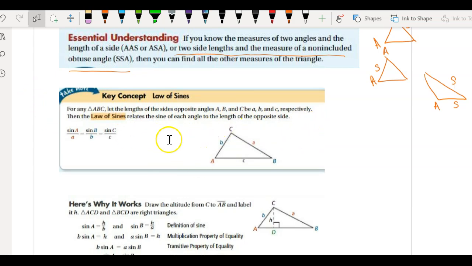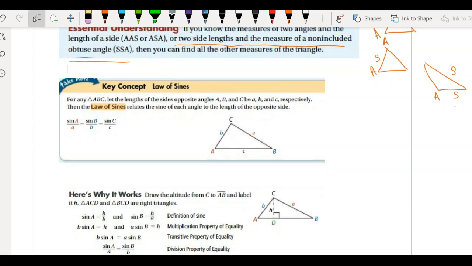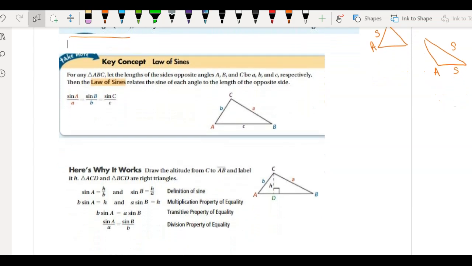So the sine of angle A divided by a is equal to the sine of angle B divided by b, which is equal to the sine of angle C divided by side c.